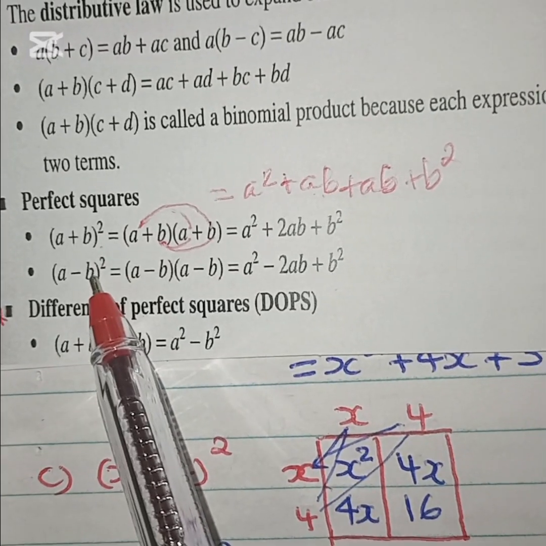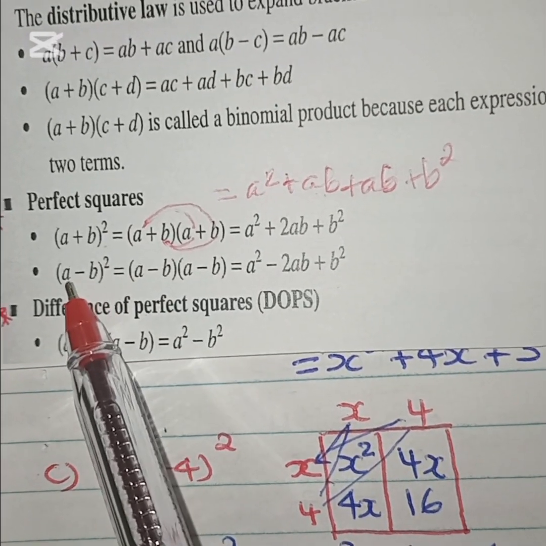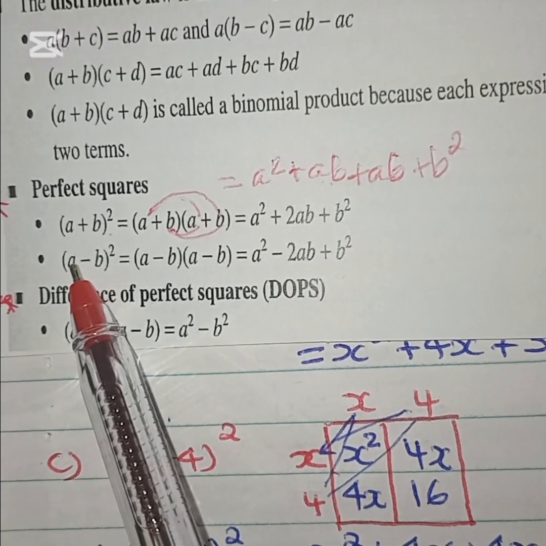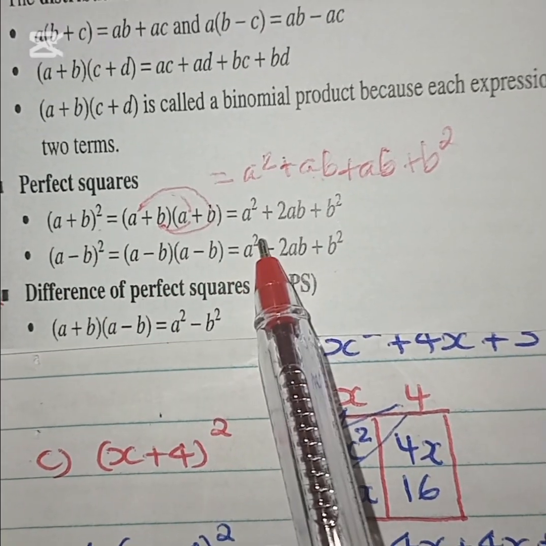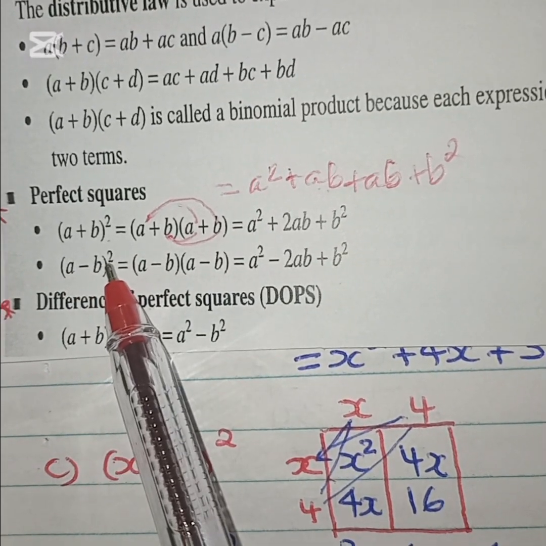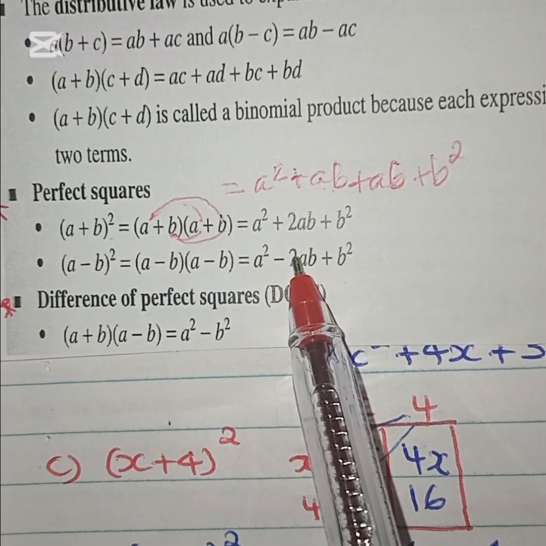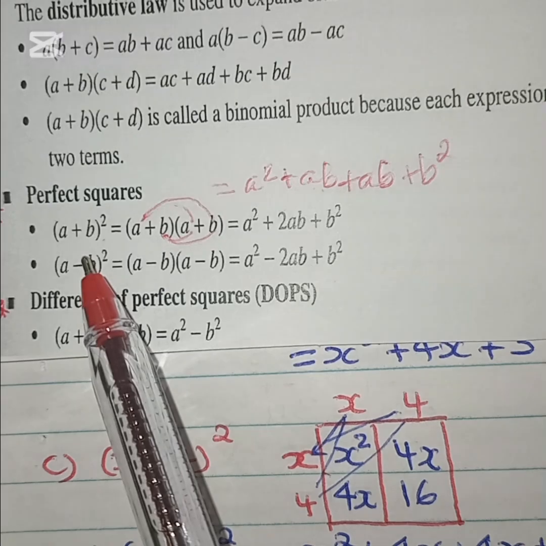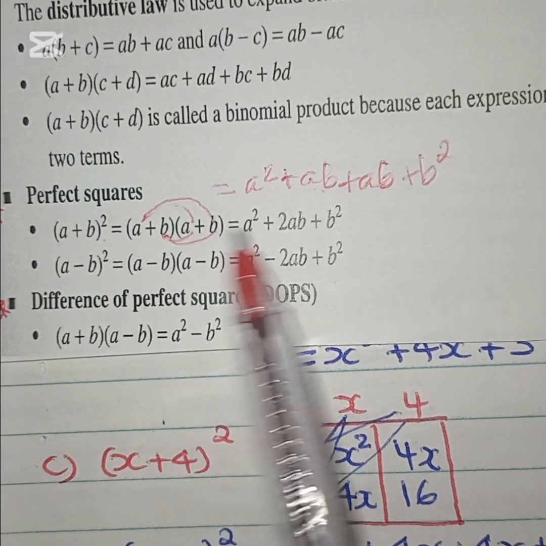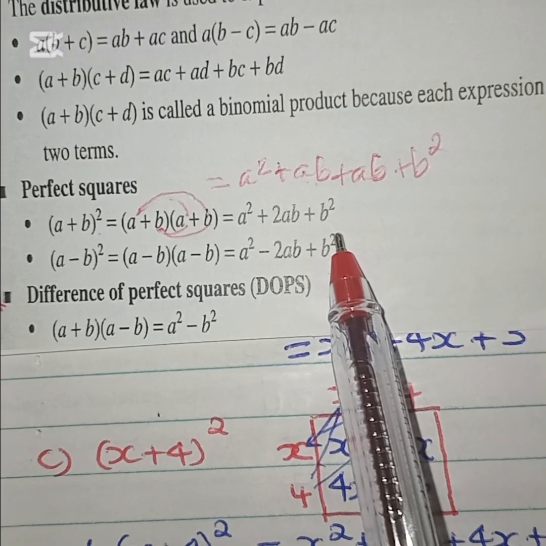And the same applies for a minus b squared. You can go a squared plus 2 times a times negative b, which gives negative 2ab, plus negative b squared, which gives a positive b squared.